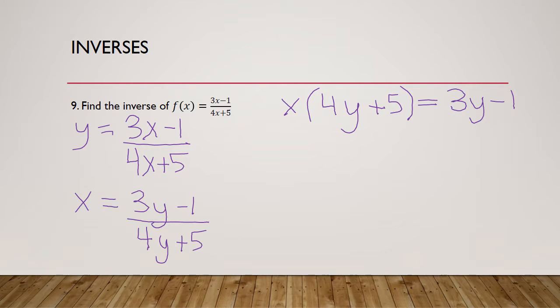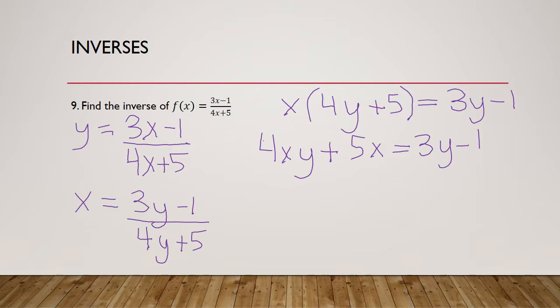We had x's on both sides. So this is kind of like that. We need to get all of our y stuff on one side and all of our not y stuff on the other. So I can't do anything with these parentheses here, so I'm going to distribute my x. So I have 4xy + 5x = 3y - 1.